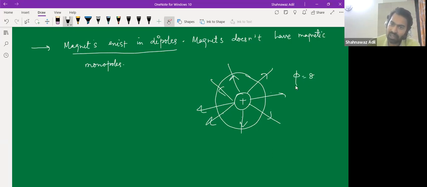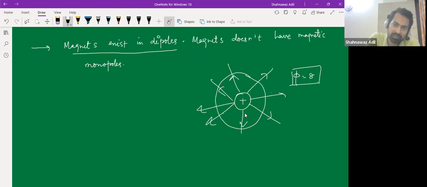So in a closed loop we have some charges. This tells us that electric charges can have monopoles, but magnets can't. Whatever the amount of magnetic field lines that go out, they will always come back.